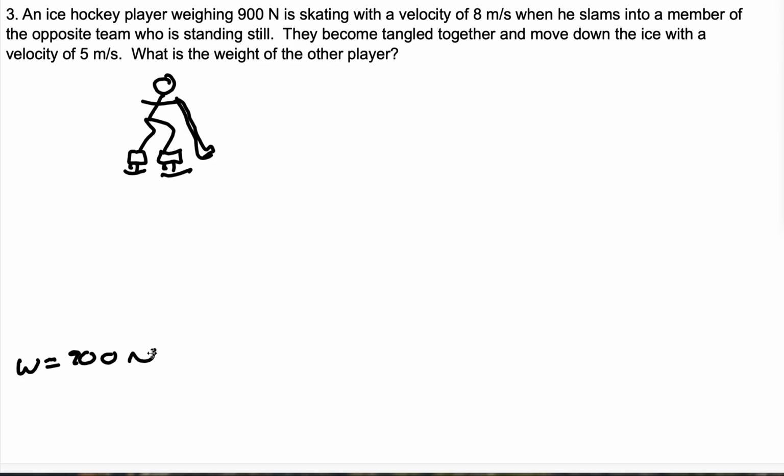Now, remember, weight is not mass. And I gave you a way to figure out mass from weight. If you didn't write this down before, write it down now. The weight of someone is equal to mass times gravity.